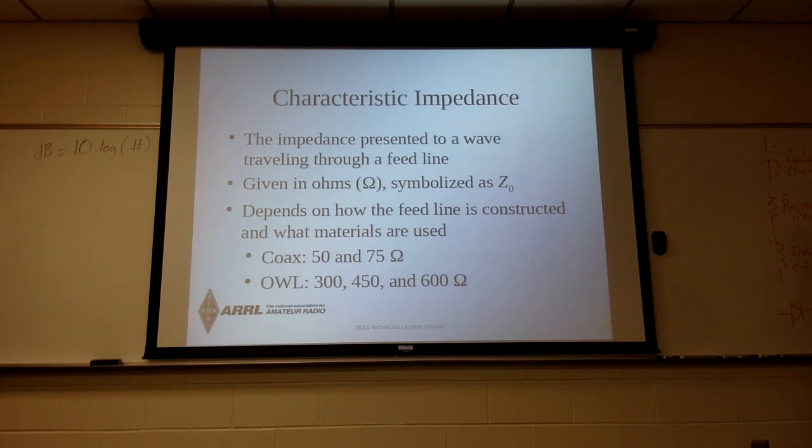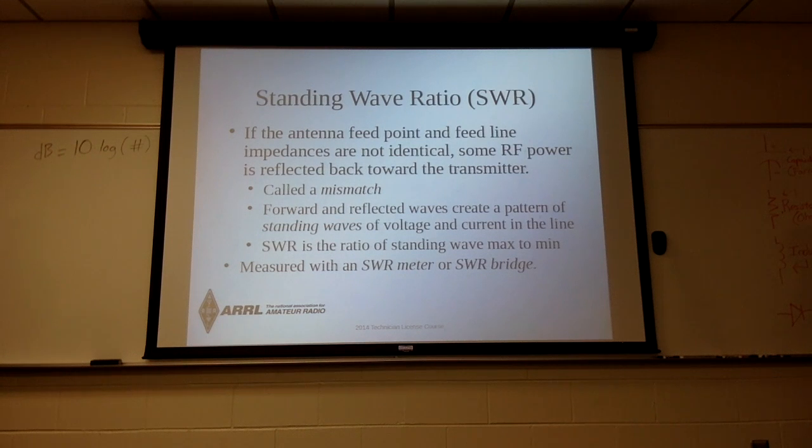And if your radio and your feed line are not matched, then you'll blow something up. Horrible things will happen. So it's very important that whatever feed line you use is matched to your radio. Or your radio is smart enough and says, I'm going to reduce power so I don't destroy myself. That's a smart one. Not all of them have that, so be careful.